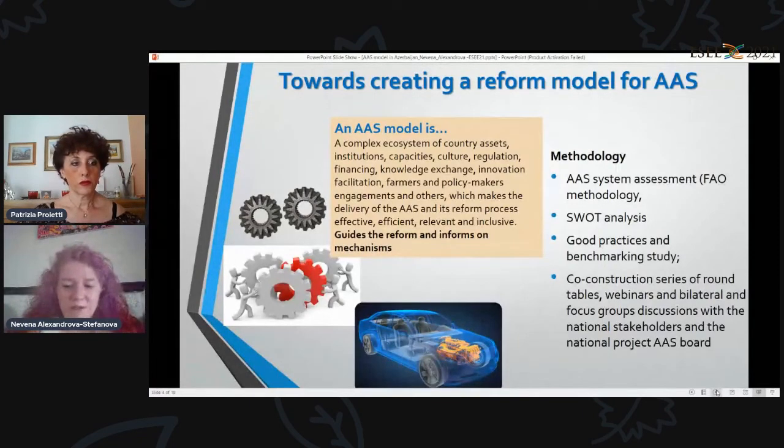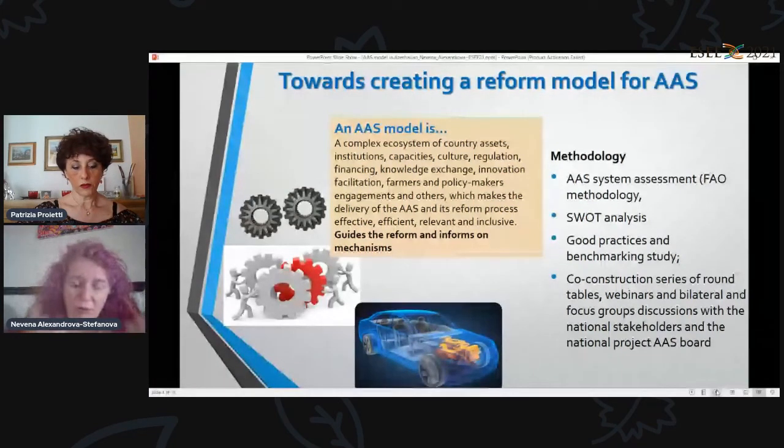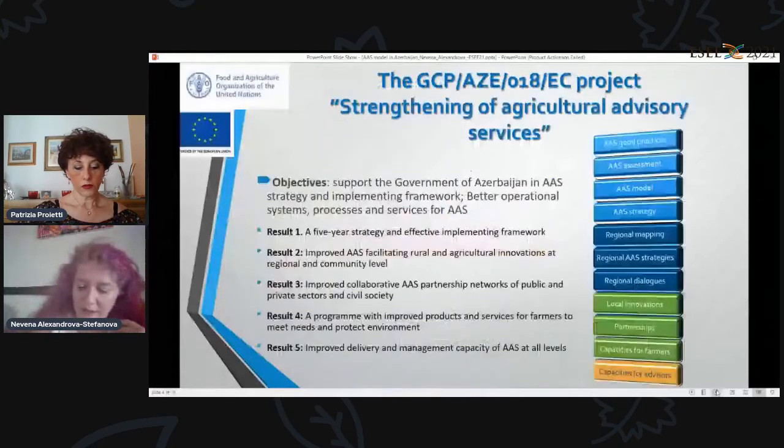So with a series of roundtables, webinars, bilateral discussions and focus group discussions with the national stakeholders and the project Agricultural Advisory Service Board, or as we also call it, project working group.